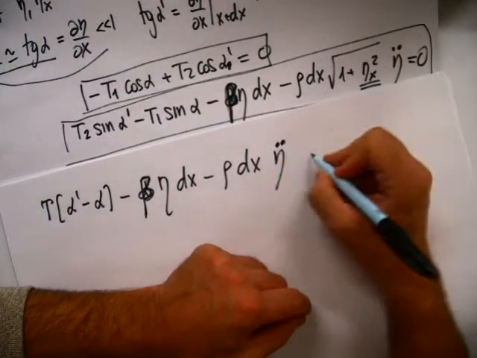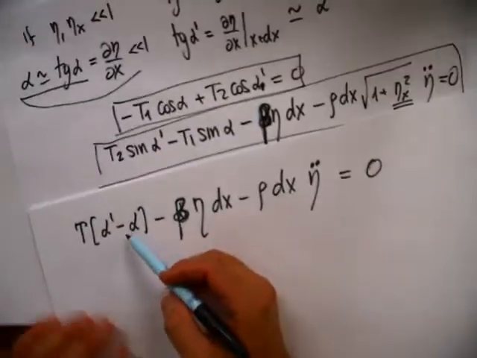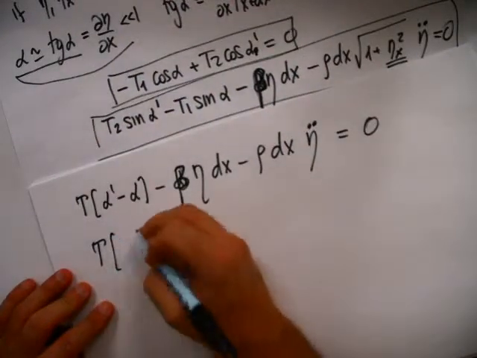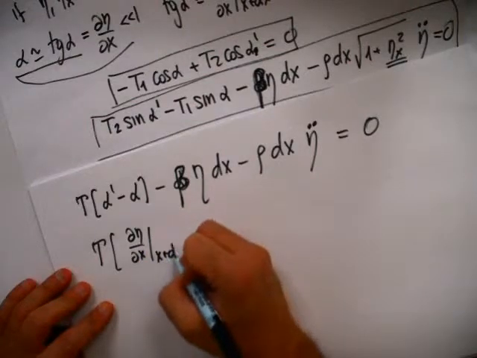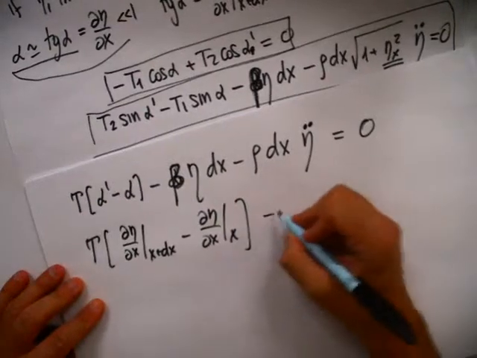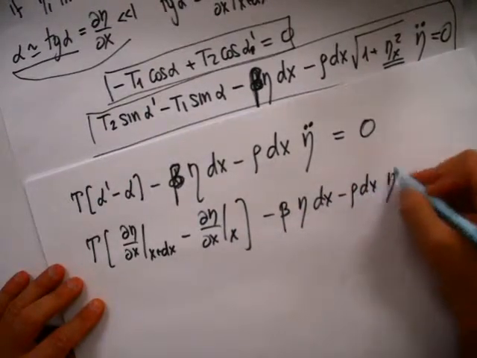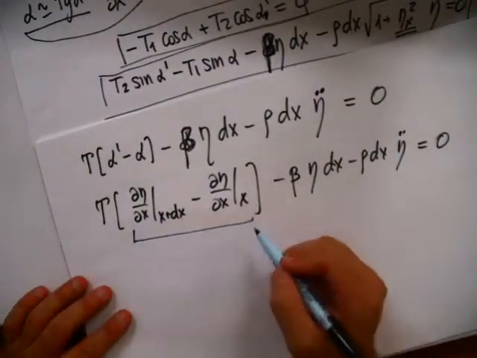But alpha is nothing else than the slope d eta dx, and so we have T times d eta dx at x plus dx minus d eta dx at x, minus beta eta dx, minus rho dx eta dot dot, equal to 0. Again, we can do the Taylor series of the first derivative.